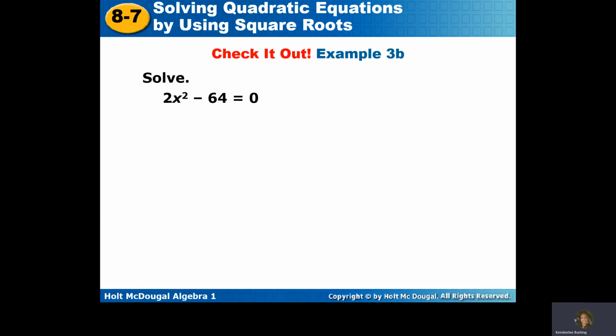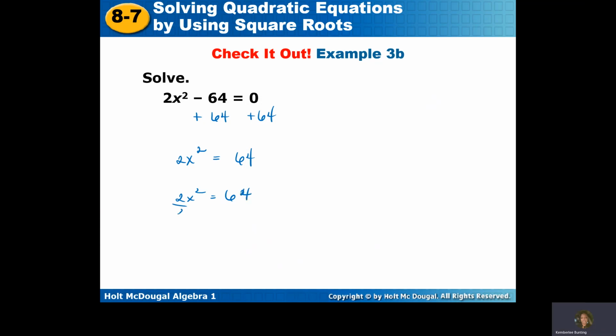All right, young people, this problem is too easy for you guys. What's my first step? Add 64 to both sides of the equal sign. So I end up with 2x squared equals 64. Now what's my next step?